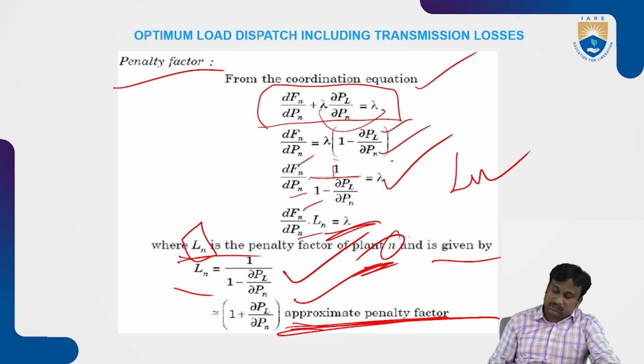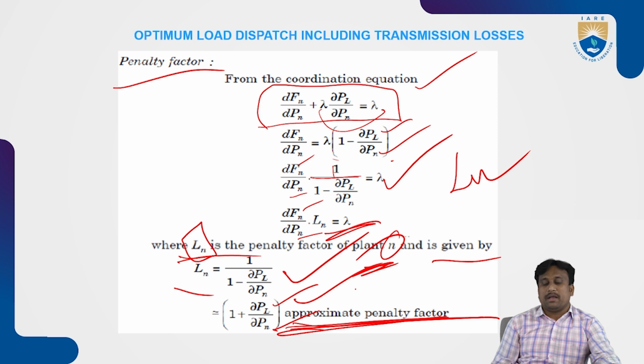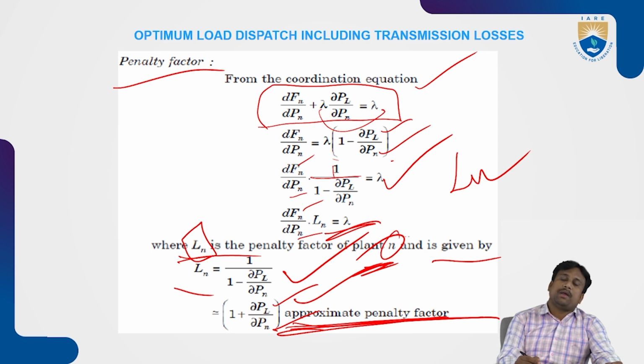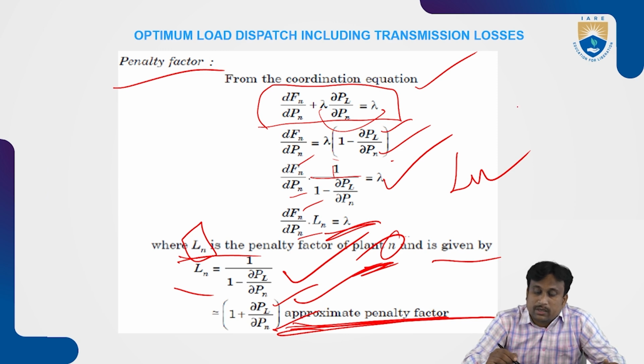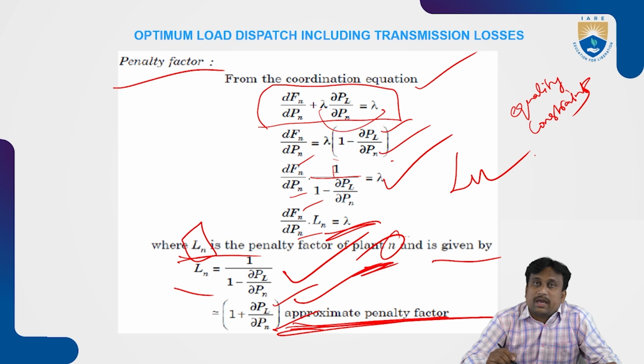So this approximation can be derived with one of the loss coefficients, and it will be applicable for the multiple plant case. Here the control over this penalty factor can be derived easily with the considerations of components in equality constraints. These constraints make the penalty factor simple while deriving the expressions.